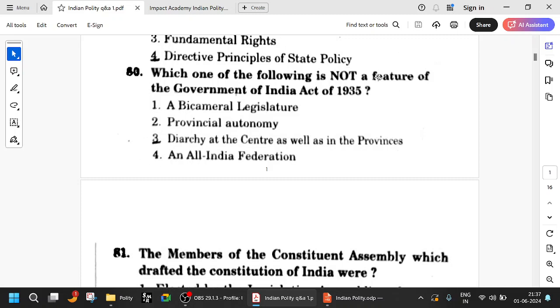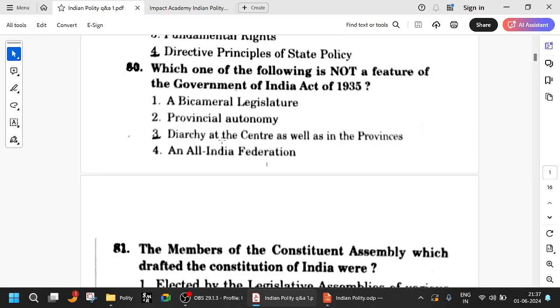So option 3 is not a feature. Bicameral legislature, we have already seen for the first time in 1919, that is the Montagu-Chelmsford reforms. It has been extended to 6 out of 11 provinces in 1935. All India Federation also we have seen. Federal Court has been set up. So option 3 is the wrong one. Diarchy is there at the center but not in the provinces.